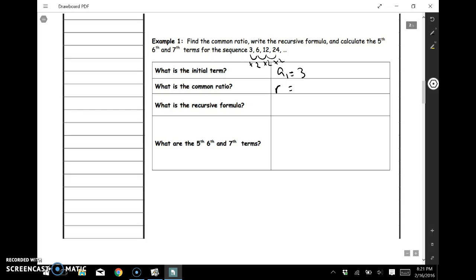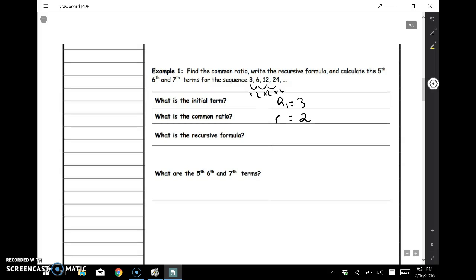So my common ratio here is going to be 2. I'm multiplying by 2 each time instead of adding the same number over and over. What is the recursive formula? The recursive formula is going to be a sub n is equal to the common ratio, which is 2, times a sub n minus 1. And there's your recursive formula.